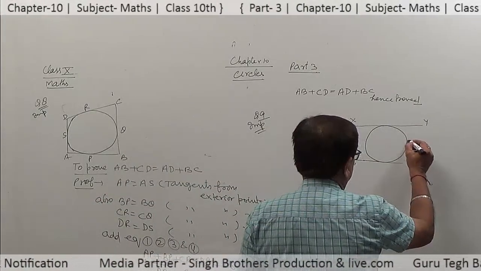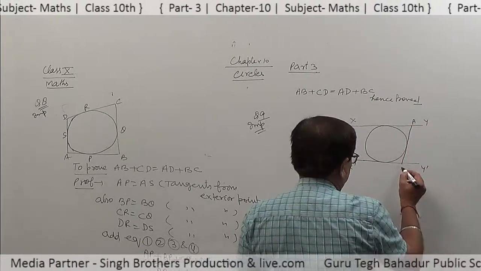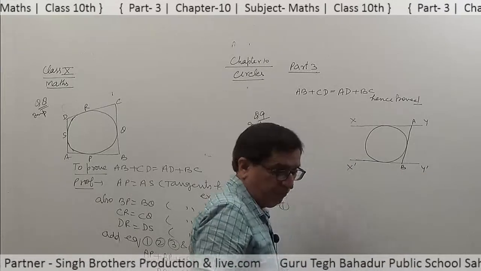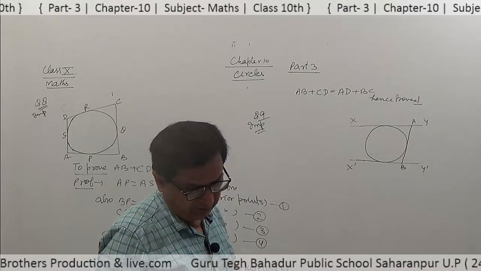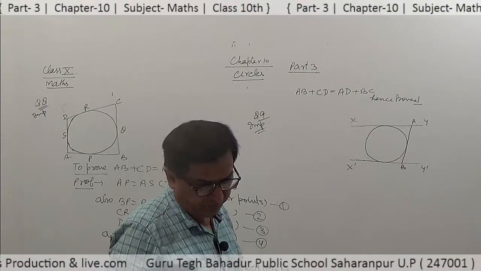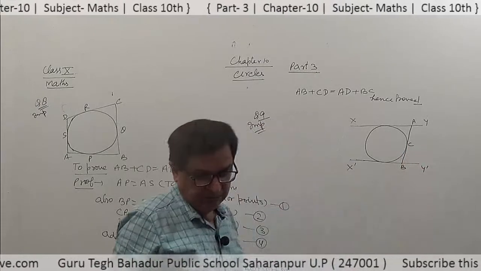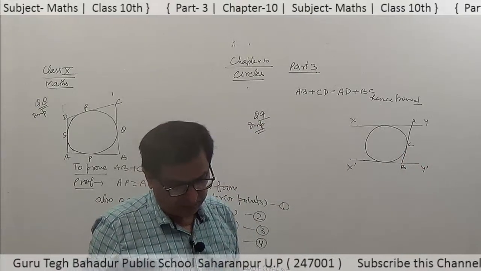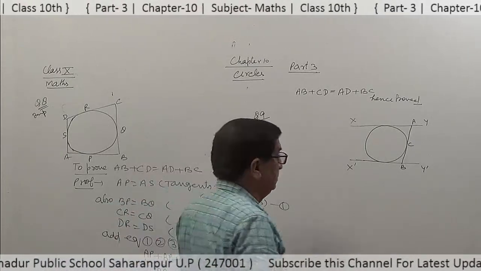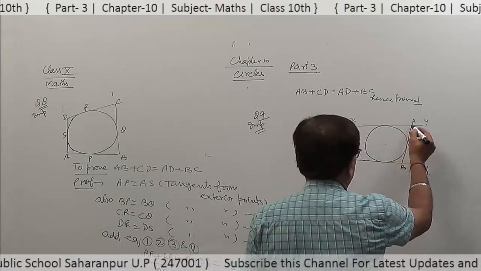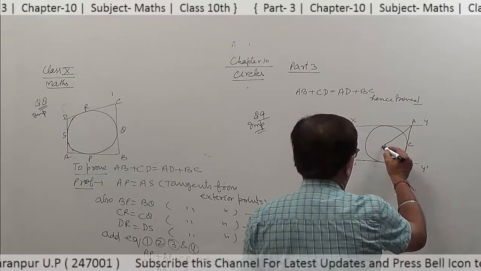This is another tangent AB with the point of contact C. Prove that angle AOB is 90 degree.